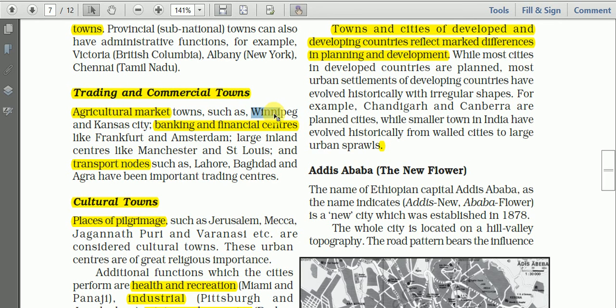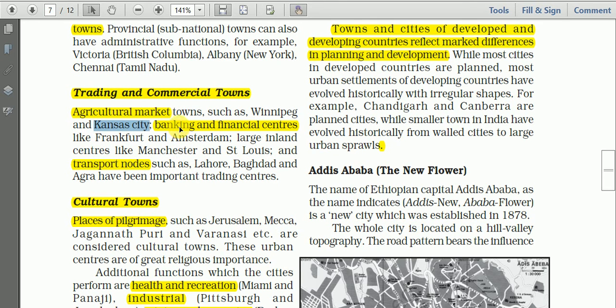Where is Winnipeg? Winnipeg is the capital of Manitoba province in Canada. Then Kansas City in the USA. So these are examples of agricultural market towns, marketing agricultural products.